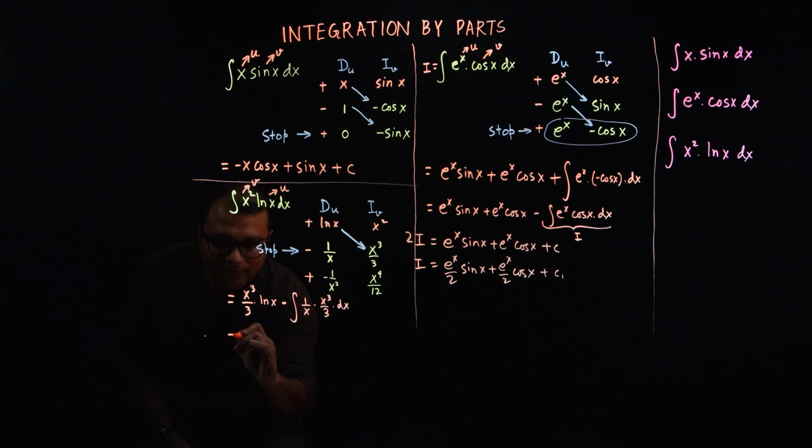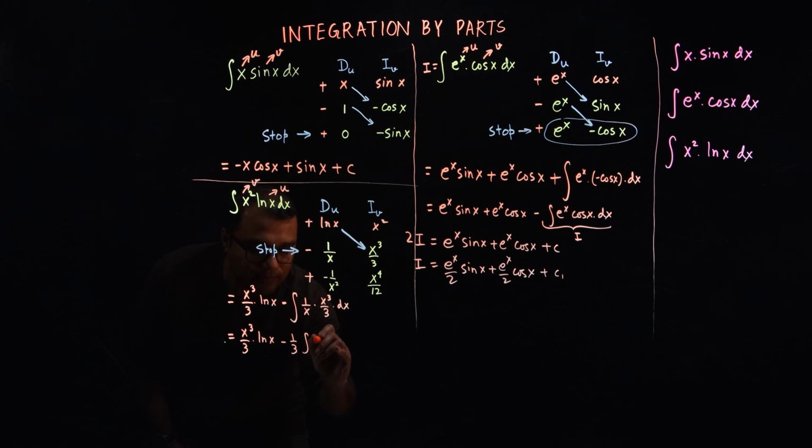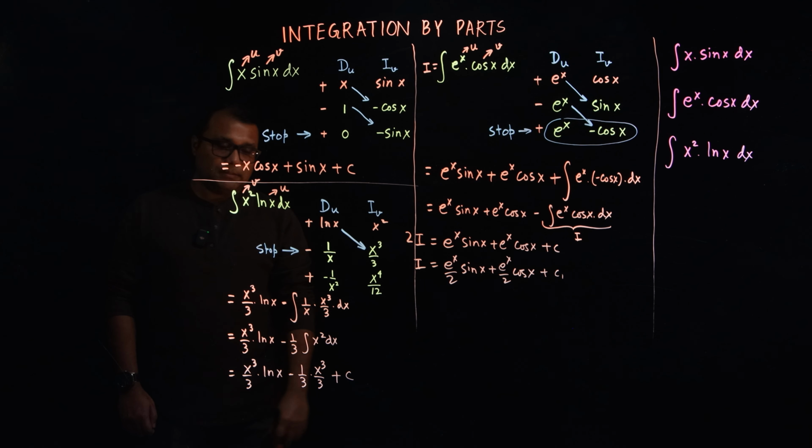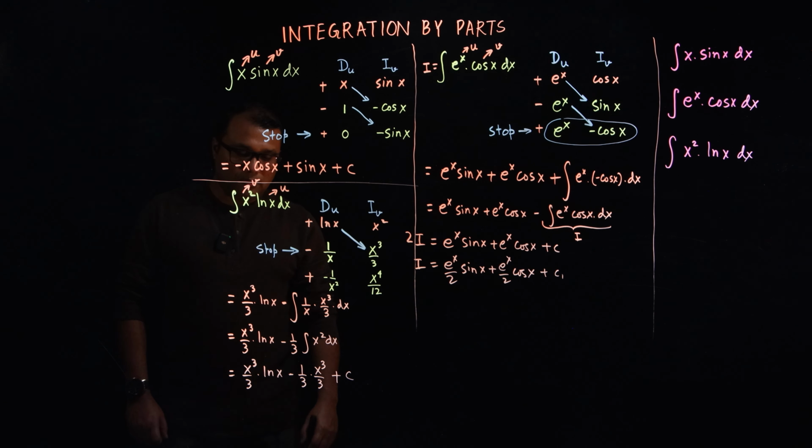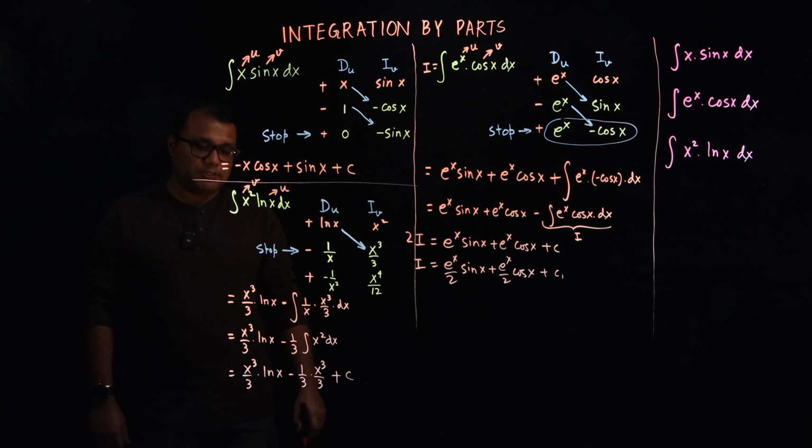So, this we can write as x cube by 3 ln x minus 1 by 3 integral x square dx, which is nothing but x cube by 3 ln x minus 1 by 3 times x cube by 3 plus c. Okay. Or we can simply write this as x cube by 9.